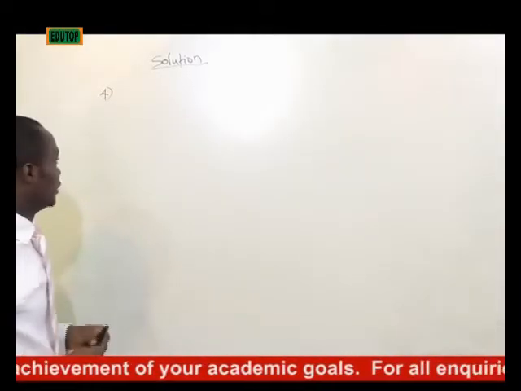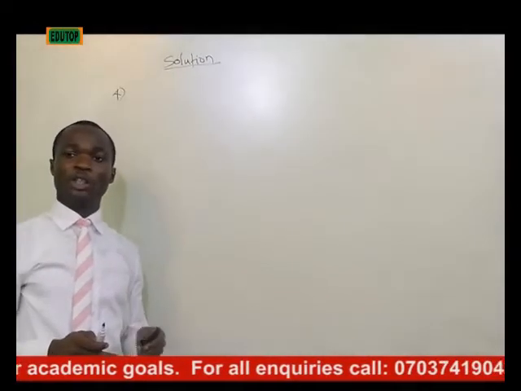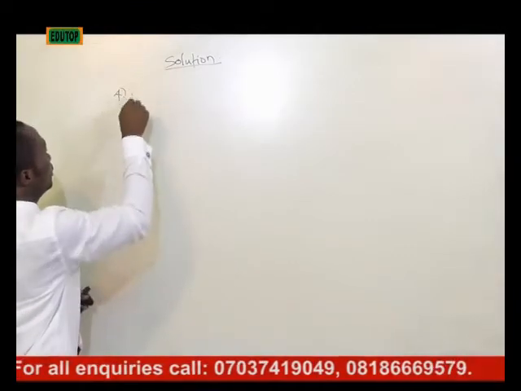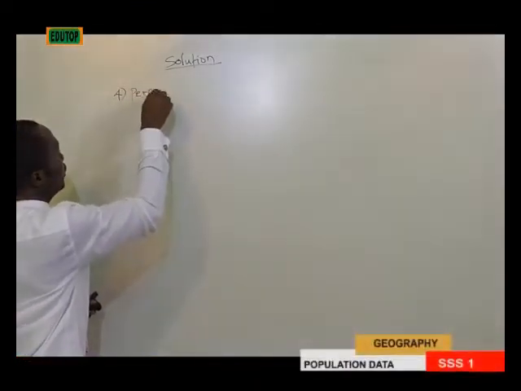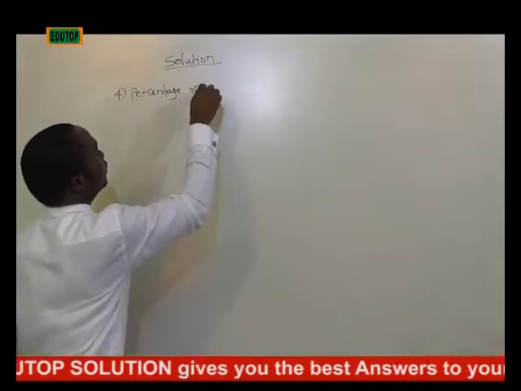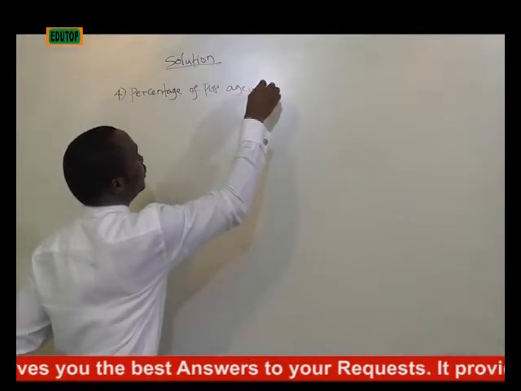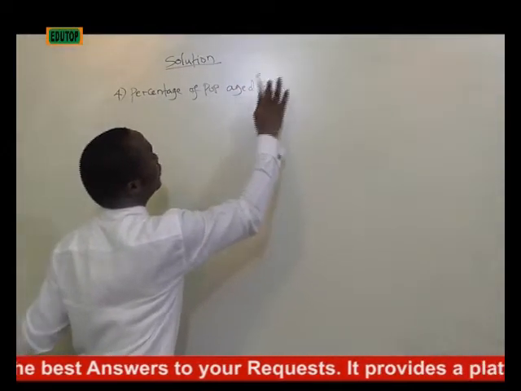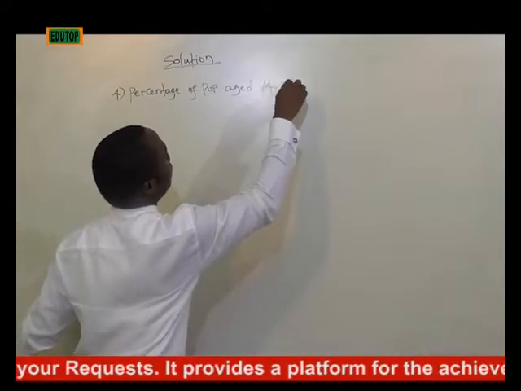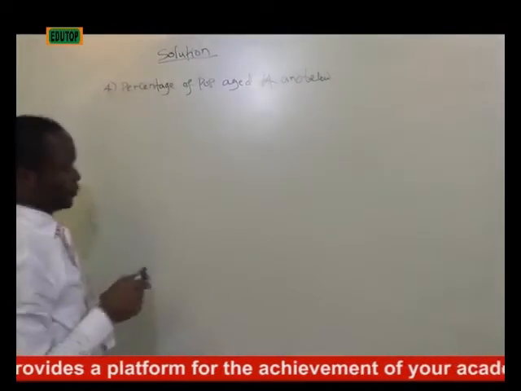Number 4 says calculate the percentage of population aged 14 and below.